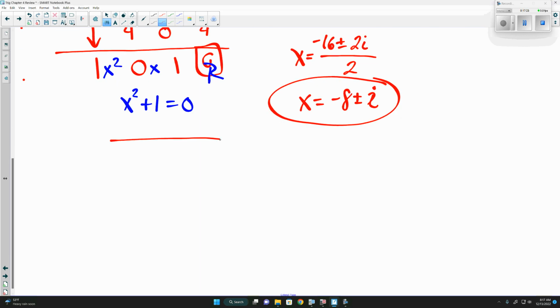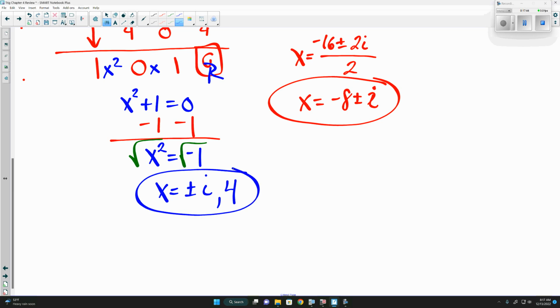Now, since there's no middle term, we can use the square root method, which is to get x squared by itself, square root both sides, telling us x is equal to plus or minus i. And we know the other solution was 4. We have 3 solutions. The degree was 3, so we expect to have 3 solutions, and these are our solutions here.